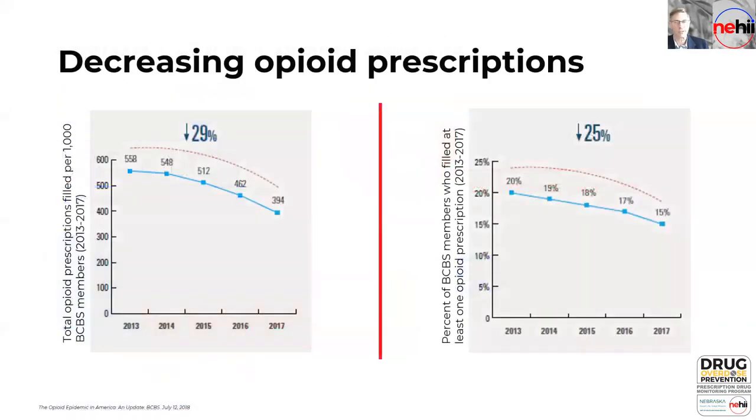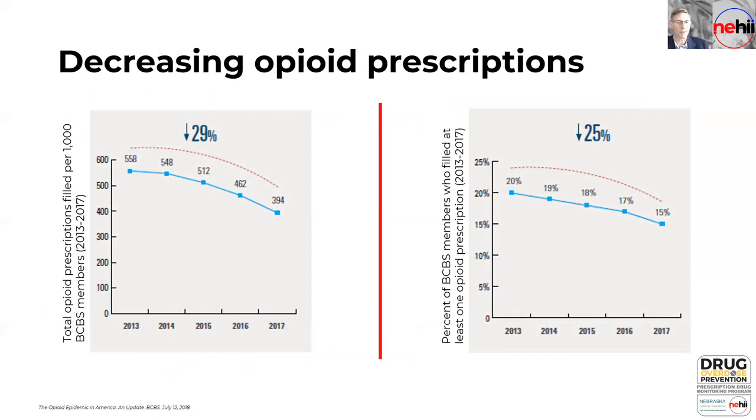Now, we've seen some good information come out, and this is good news, where there has been a decrease in opioid prescriptions across the country. The information stems from a study that Blue Cross Blue Shield, one of the large payers in the nation, had conducted.